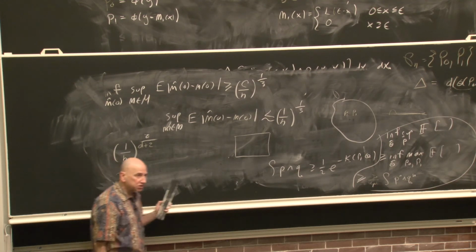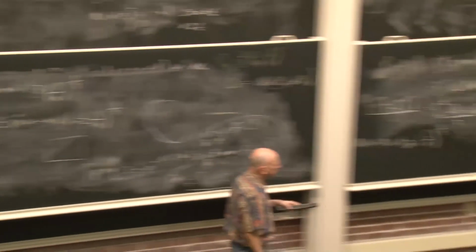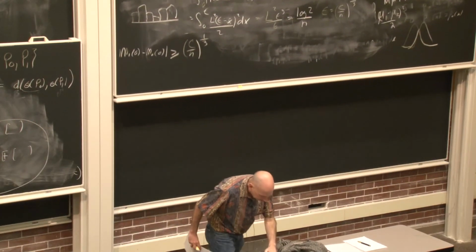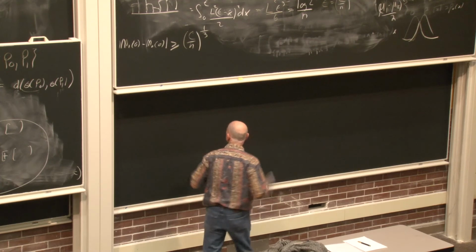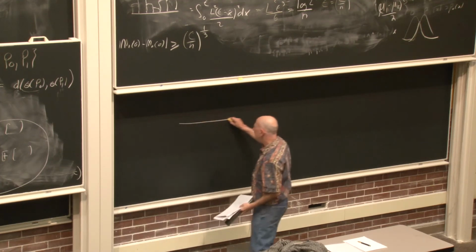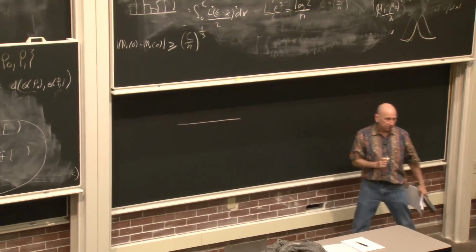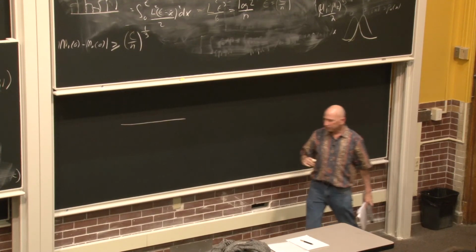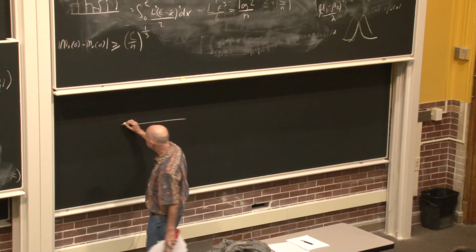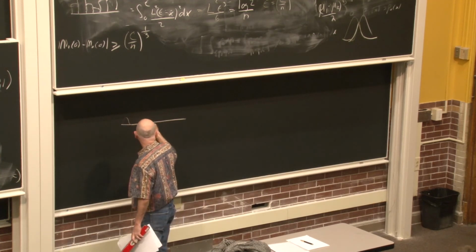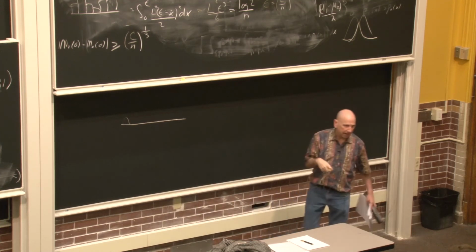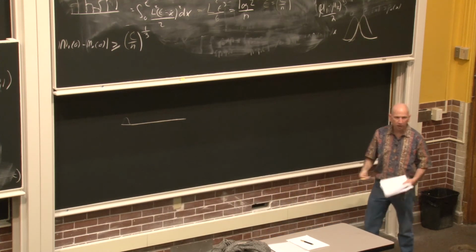How would I have done it over a smoother class, like a Sobolev class or something like that? The answer is the following. I would still take one function to be the 0 function. The other function, I would have taken a slightly smoother bump. You can create little bumps here. I think we're going to do it in an example later on.